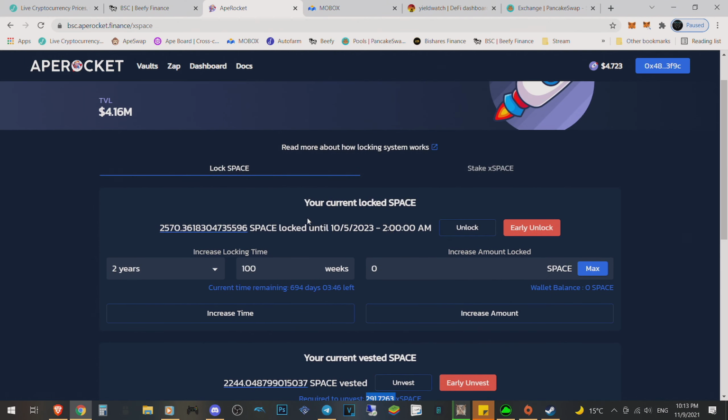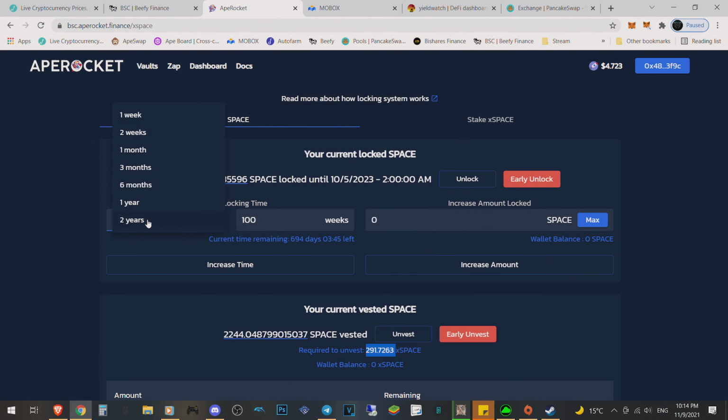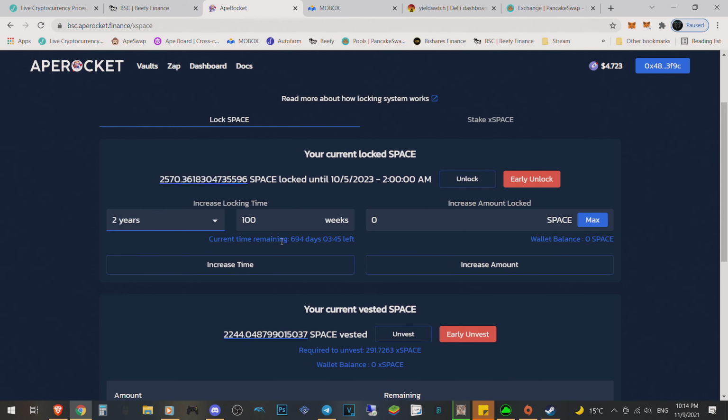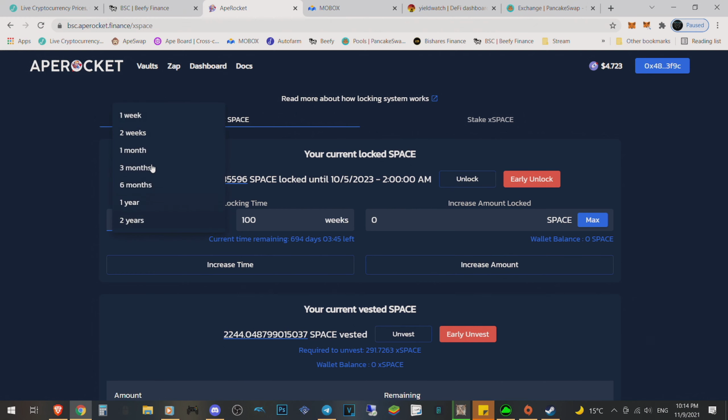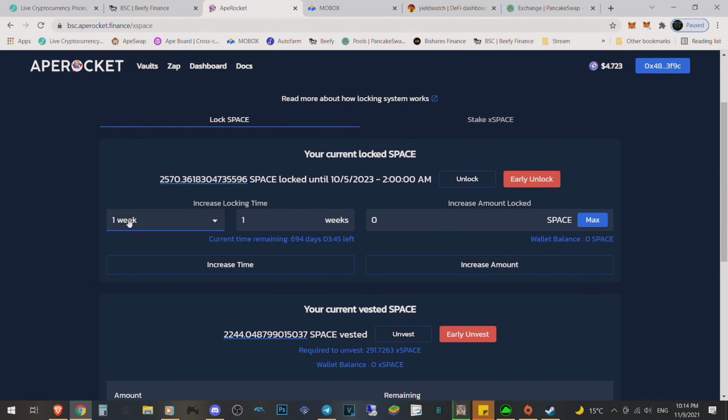Now this brings us to the pool where it says lock space. If you look at the pool over here, you can have 2 years, 1 year, all the way up to 1 week. If I have 100 space, if I want to stake 100 space and I say only 1 week, if I make this 1 week and I stake it right now, I will only get 1 X space.